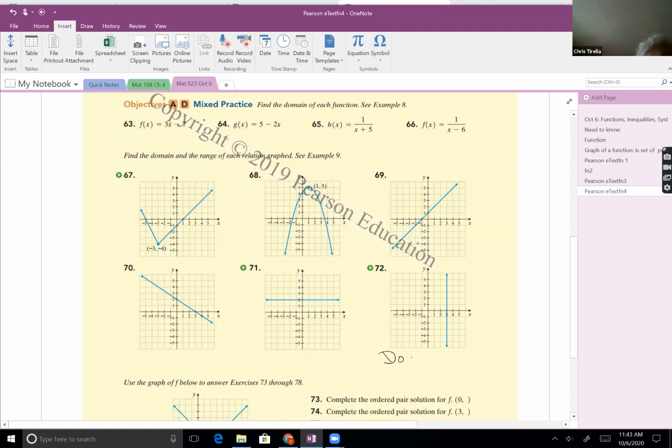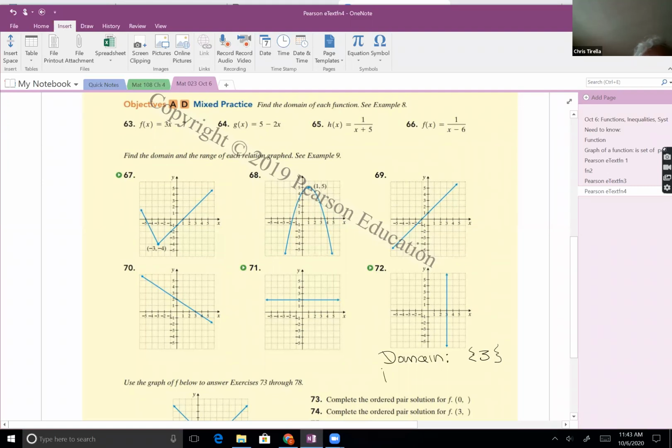What's the domain? If I look at that graph, it's just that blue line. On that blue line, does everybody see that all of those points have the same x value? So the domain here would just be the number 3.